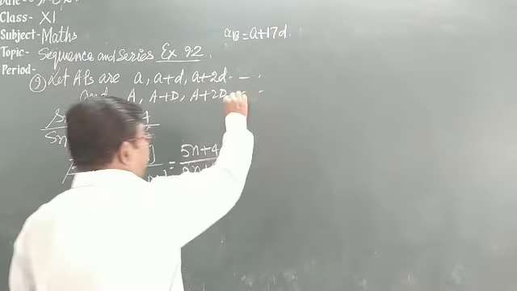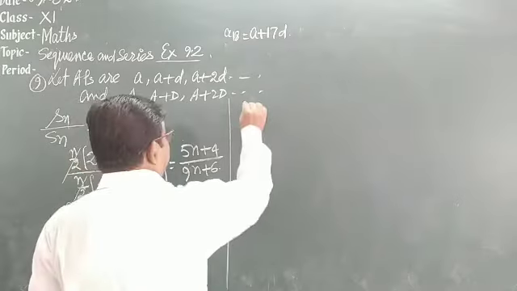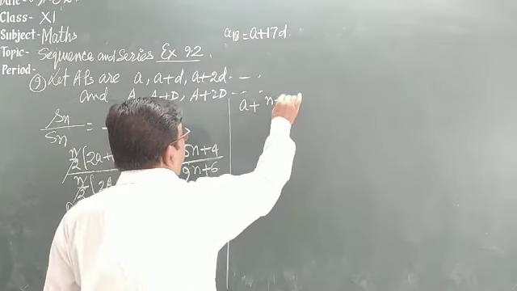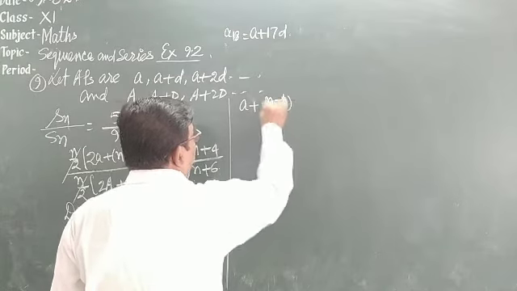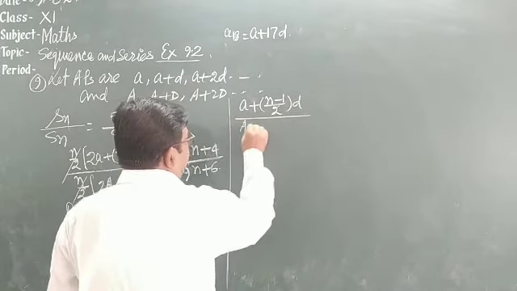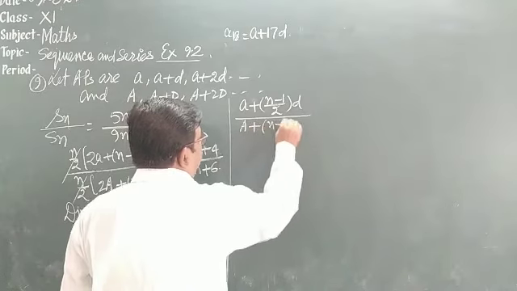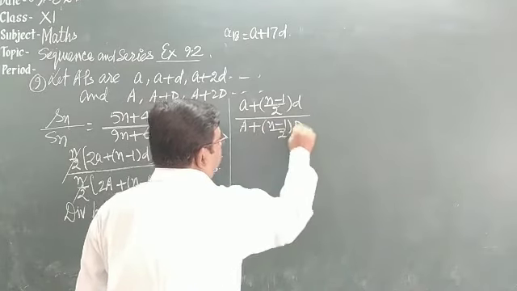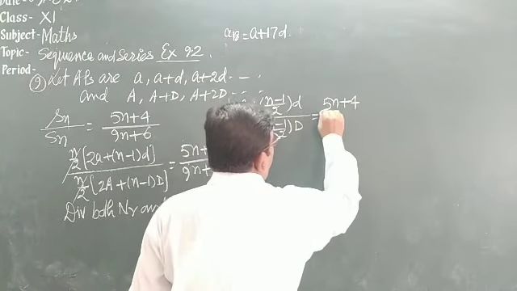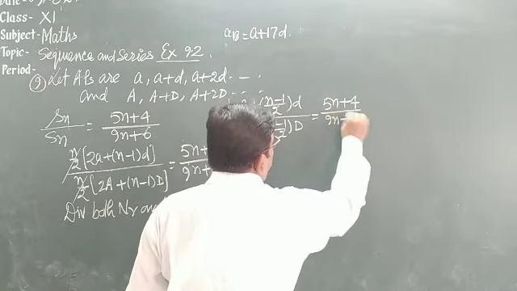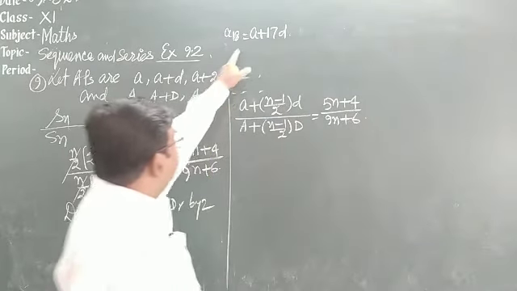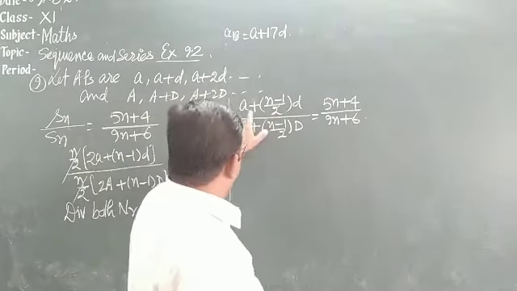So let's see what we get. We get A plus n minus 1 upon 2 into D upon capital A plus n minus 1 upon 2 into capital D is equal to 5n plus 4 upon 9n plus 6, remaining same. So see, in place of A and D, it is already here.